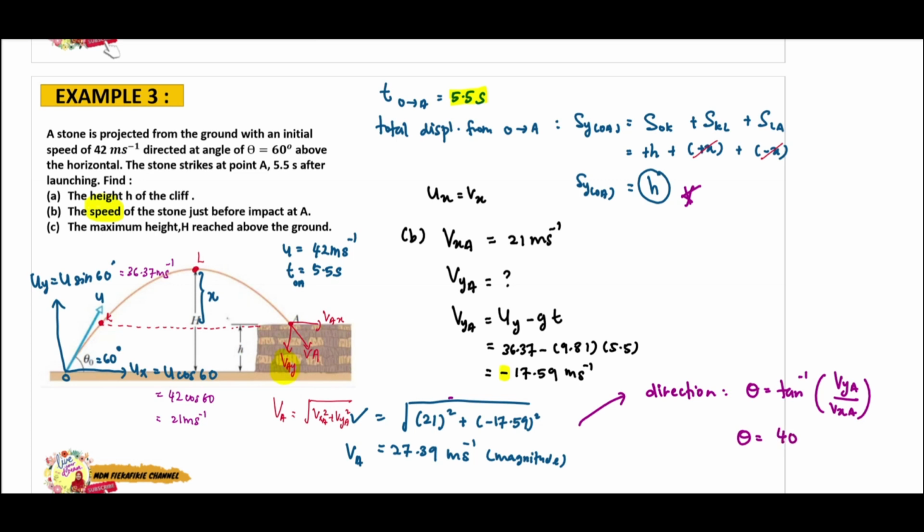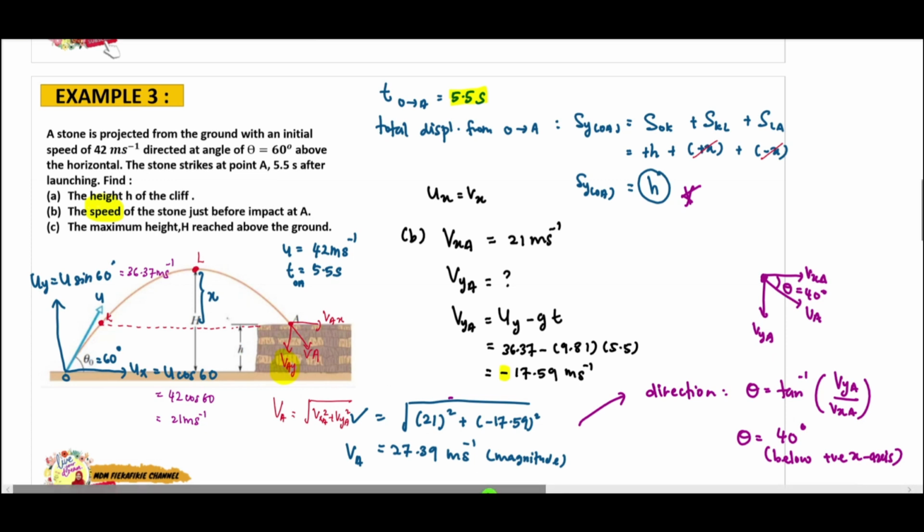So, you akan dapat 40 degree where the direction, so this is Vxa and this is Vya. So, theta here is equal to 40 degree below positive x-axis. Okay, so finish question B and how about question C?